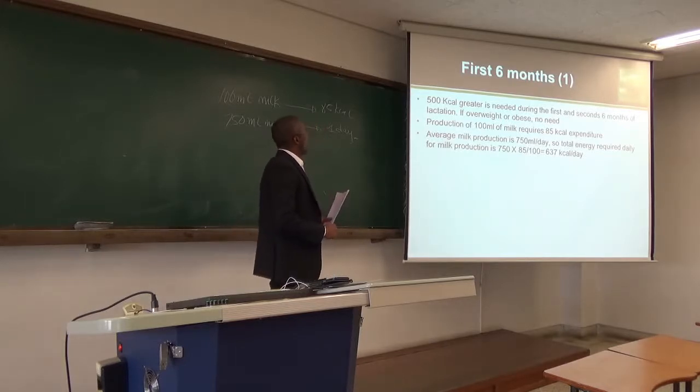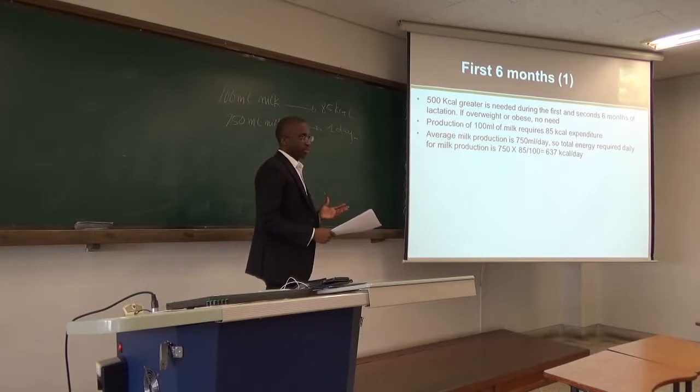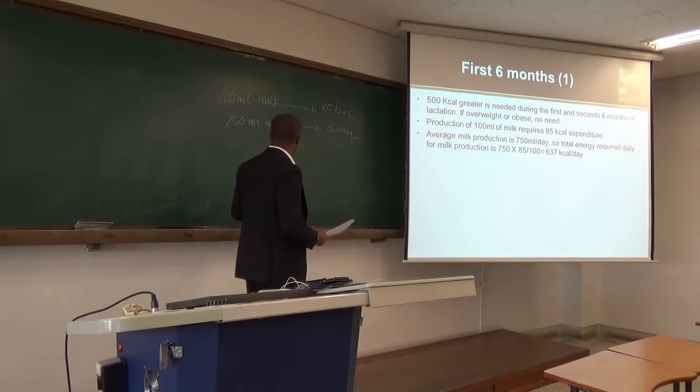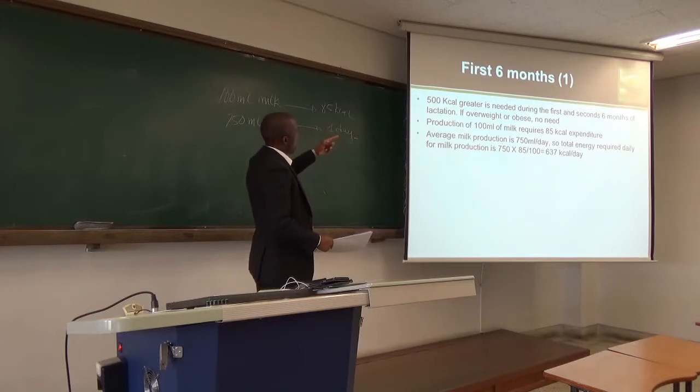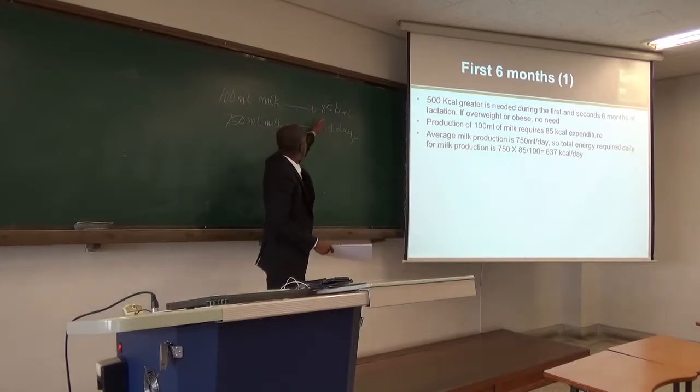So how much energy am I going to need then? We have 750 milliliters of milk, right? So what we do is we multiply by 85 kilocalories and divide by 100 milliliters. Why?